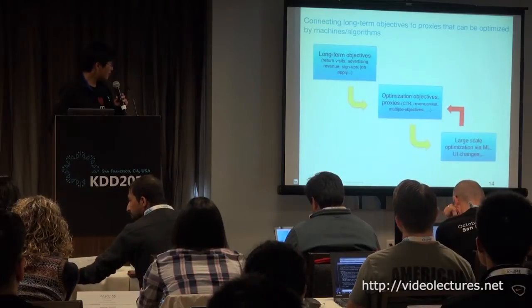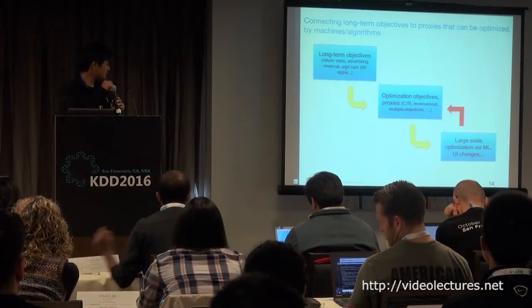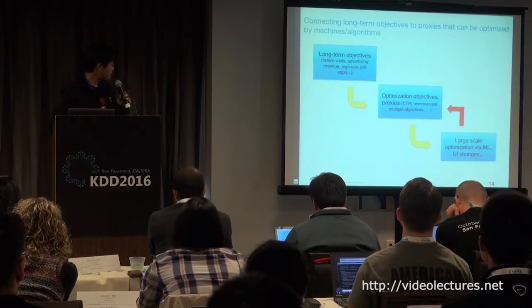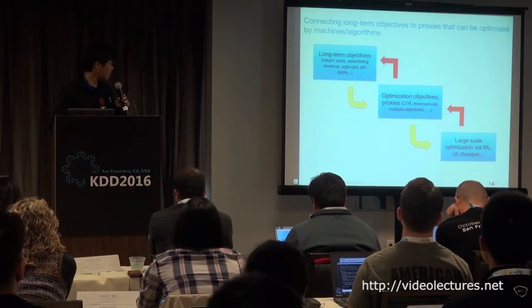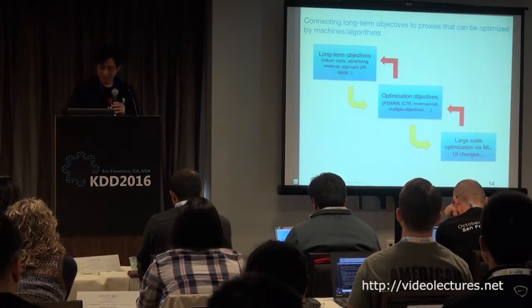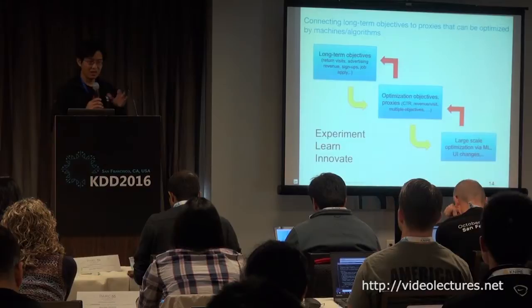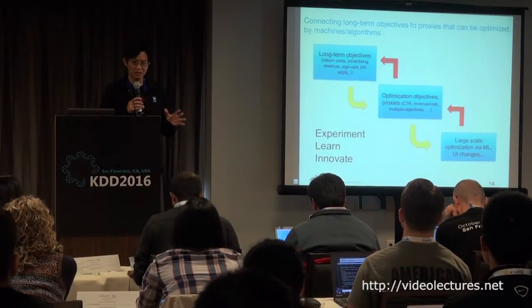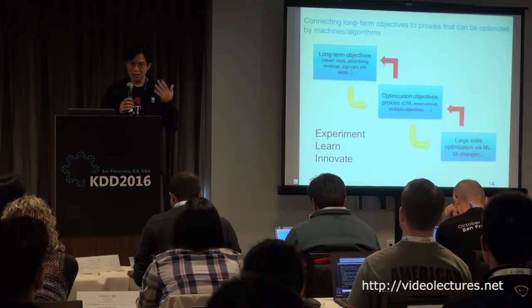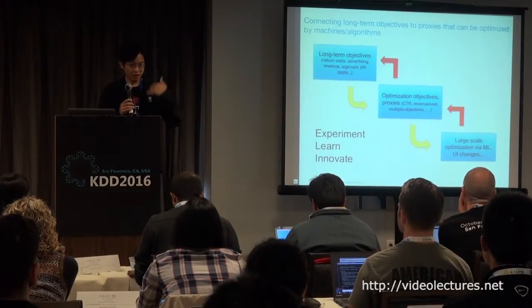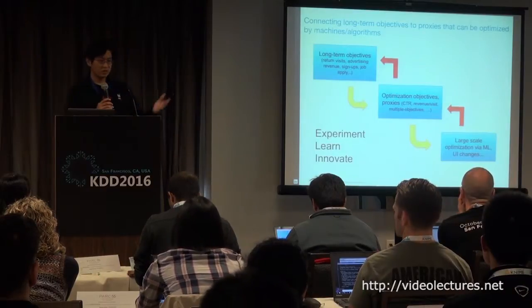The machine learning algorithm will optimize for the optimization objective, and the optimization objective in turn will optimize for the long-term objectives. It is very important that we do a lot of experiments, because our assumption may not be correct. We need to launch a model, deploy it to users, measure the performance, learn from that, innovate, and do it again and again.